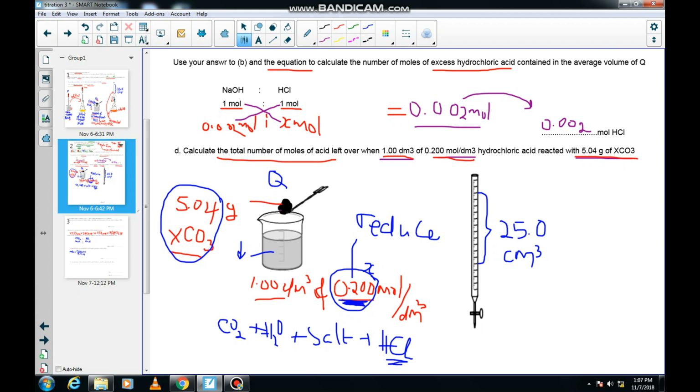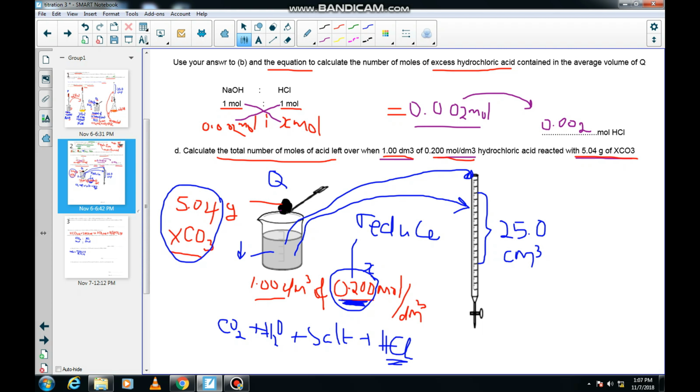And whatever concentration remains here will be the same as the concentration of the solution in the burette, because the solution in the burette is obtained right from here. So we pour that solution into the burette like that, so the two solutions will be exactly the same.